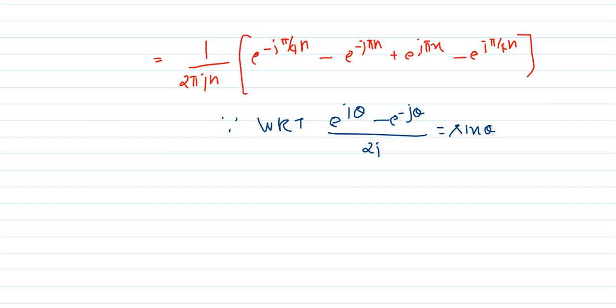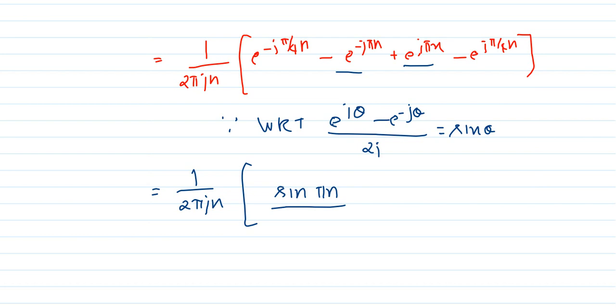So using that, with 1 by 2 pi jn, we'll group these two terms together first, so it is sine pi n into 2j.